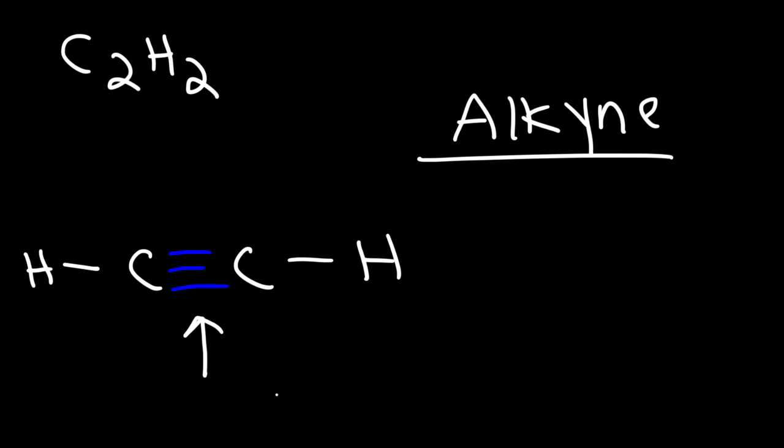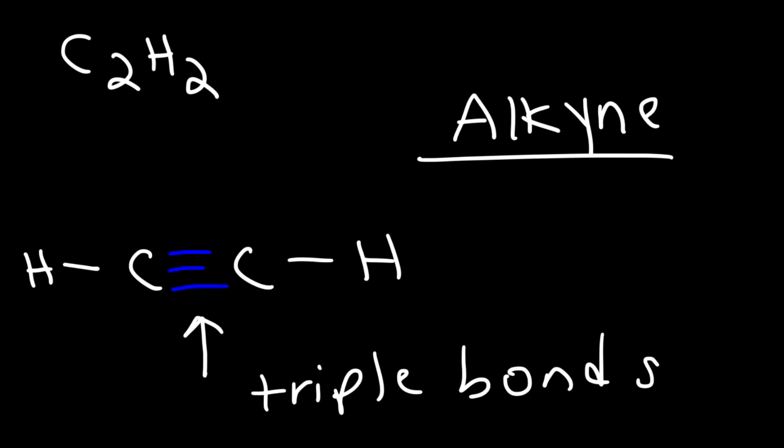Alkynes contain triple bonds. Now you need to know that triple bonds are very strong. They're stronger than single bonds, but in terms of length, they are very short. Single bonds are very long, but they're weaker. Triple bonds are stronger, but they're shorter. The way I like to think of the strength of a triple bond is like a pencil.